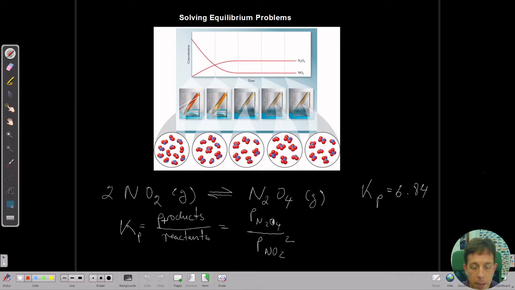So let's remember that the equilibrium constant is expressed as products over reactants. So it is just the partial pressure of N2O4 over the partial pressure of NO2.